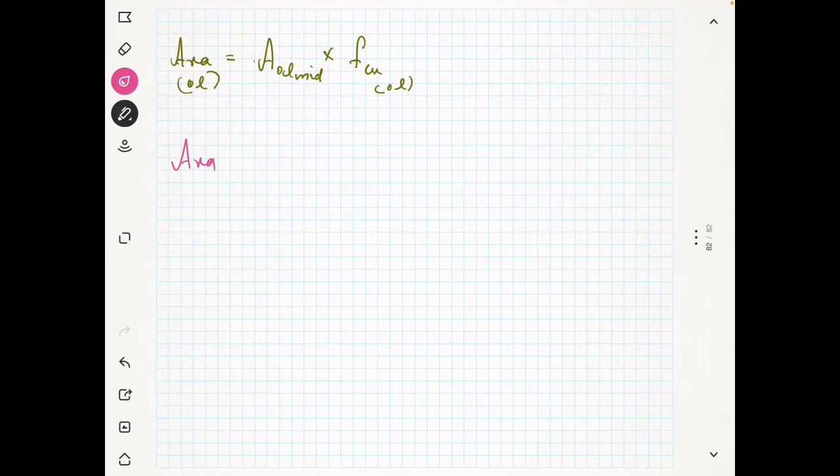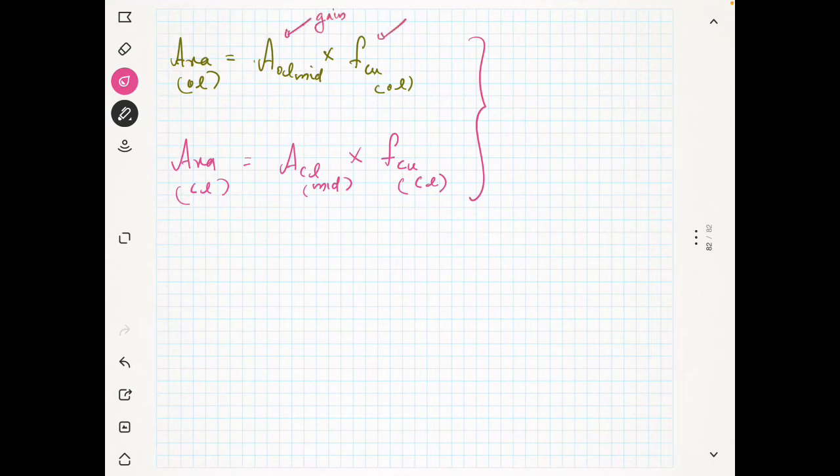So the area in closed loop is equal to A closed loop mid multiplied by FCU in closed loop. Okay, whether closed loop or open loop, this is the gain and this is the bandwidth. So this is nothing but gain multiplied by the bandwidth, right?